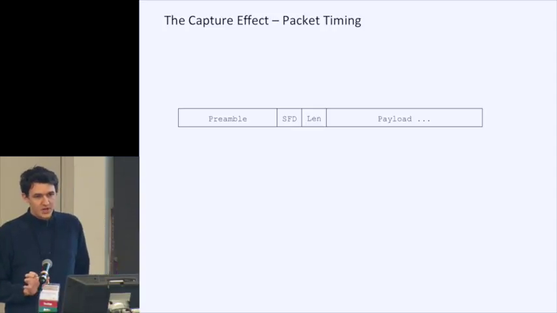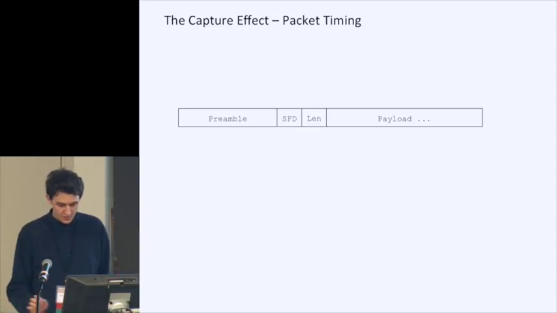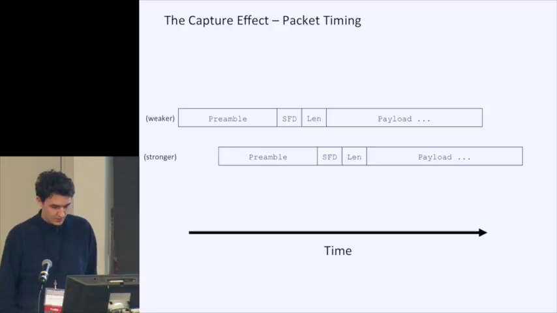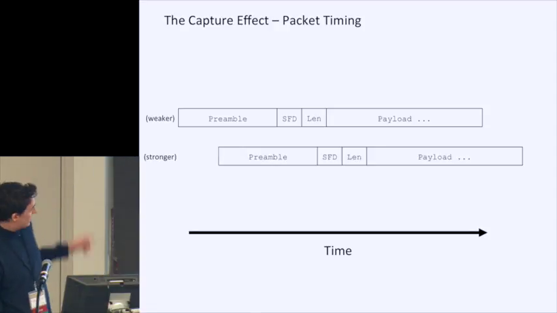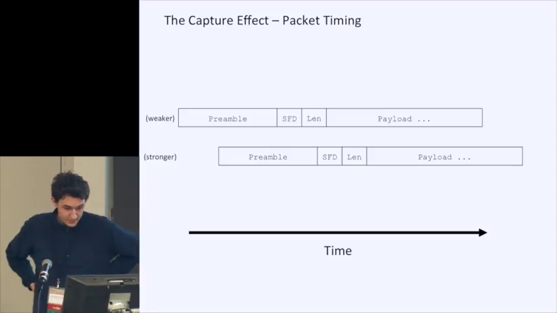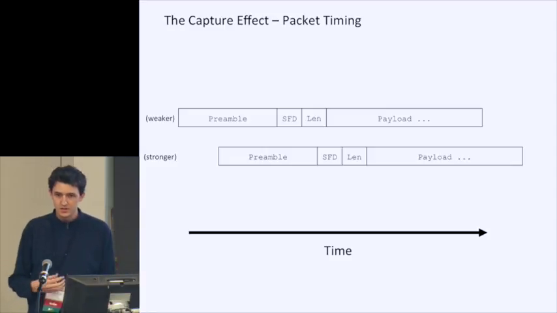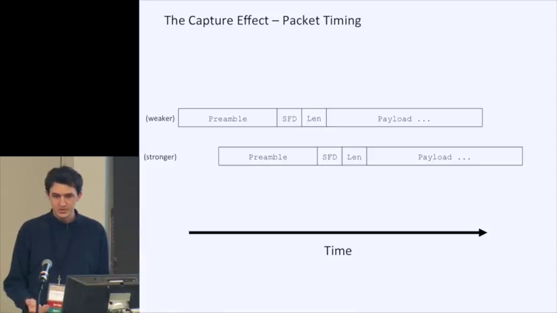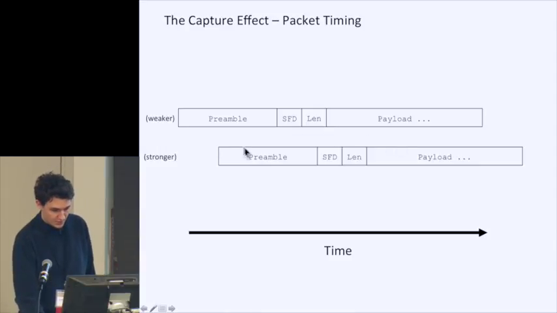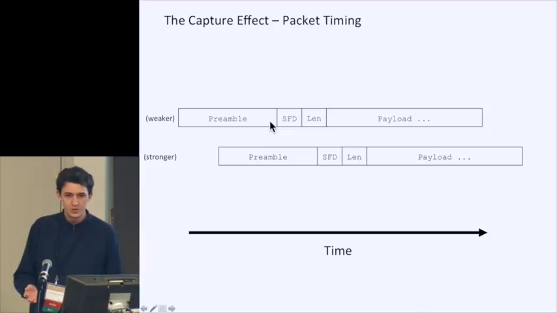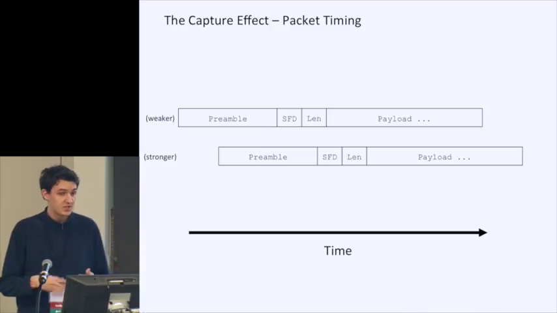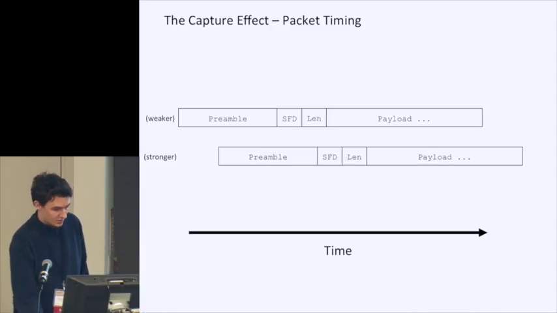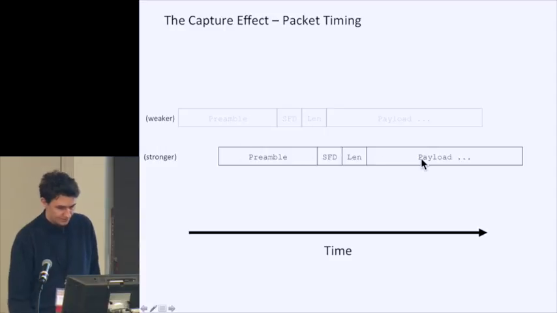If the stronger of the two packets comes first, it's no problem, but if it comes later, there might be a problem. So the top one is the weaker packet in this case, and the bottom one the stronger one. In this case, this is not a problem because the stronger packet will override the preamble of the weaker one. The weaker one will not be heard and will not be started to be received. Instead, the stronger one will be received correctly.